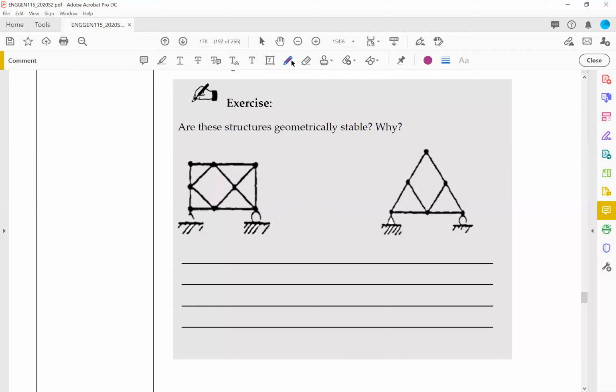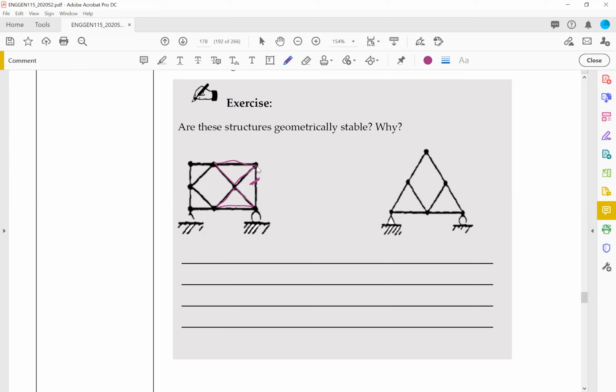Now, just a quick thought. What happens if we took this member out? What would happen? Well, it would mean that we have a stable structure in this triangle, stable structure in this triangle, okay?